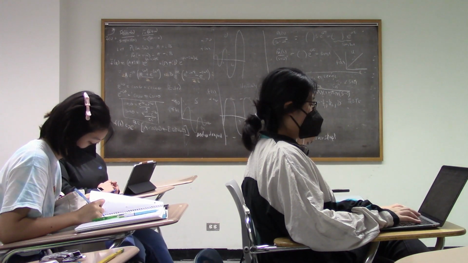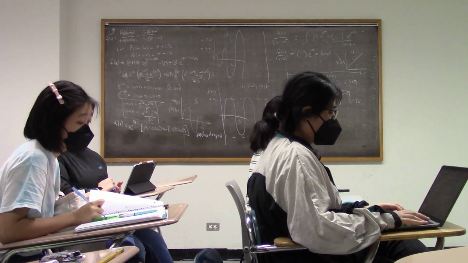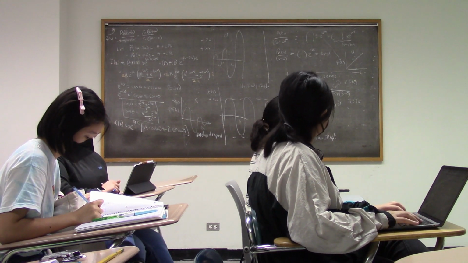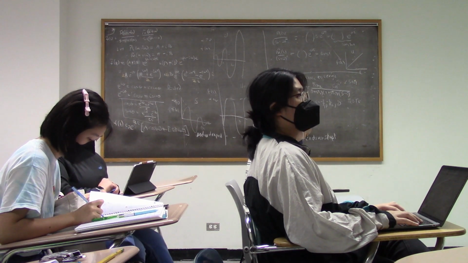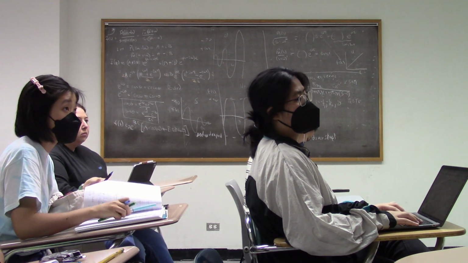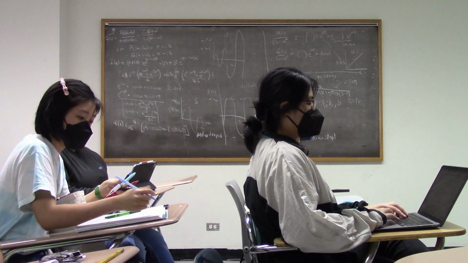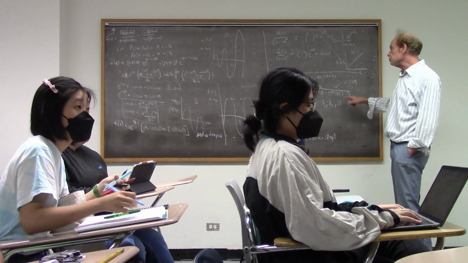That's exactly this case. 2 of them are negative and real, they decay exponentially. 1 of them is 0, it's just flat. So in this case, it can also just be flat. This is alpha equals 0. And that's the steady state value. The s equals 0 gives me the steady state value.